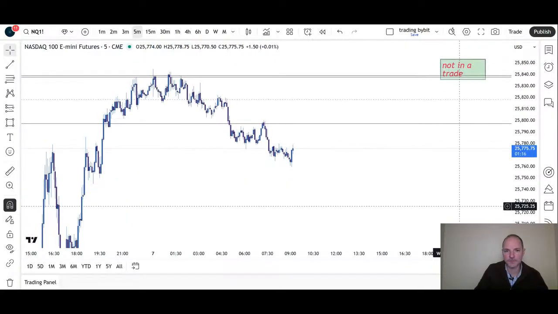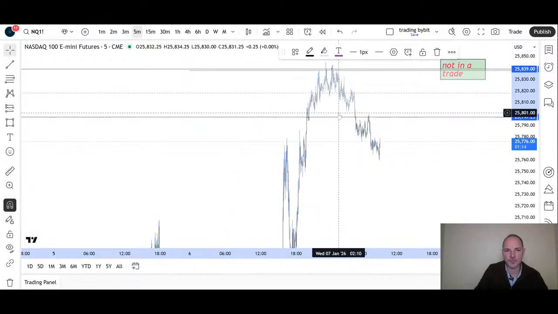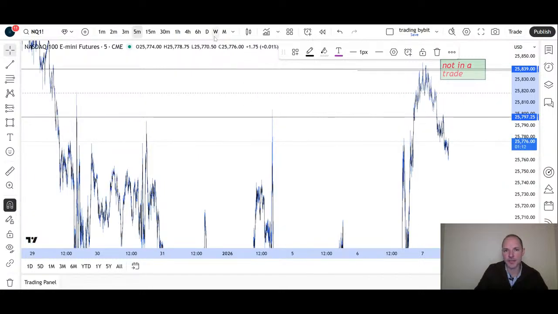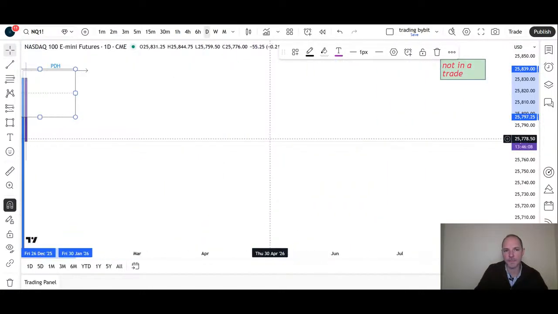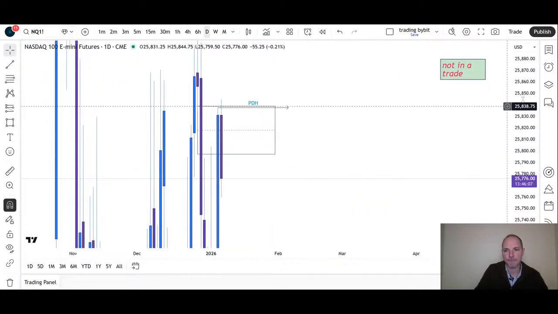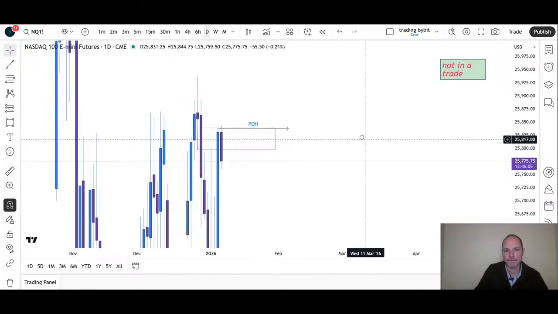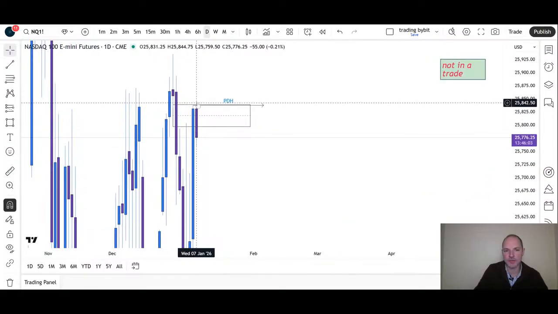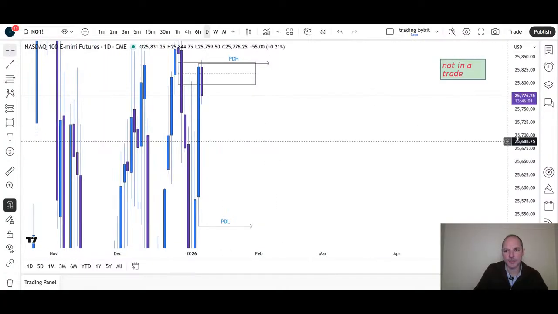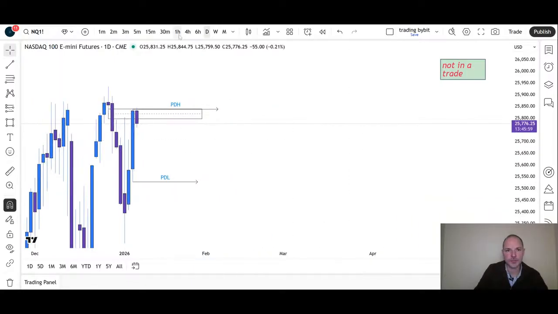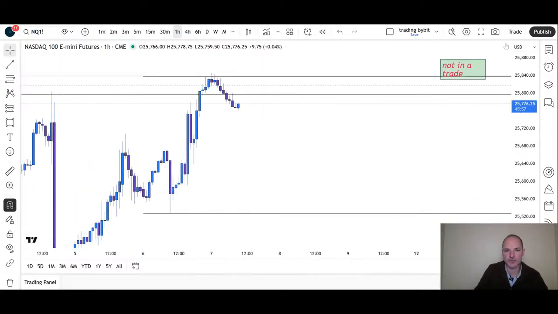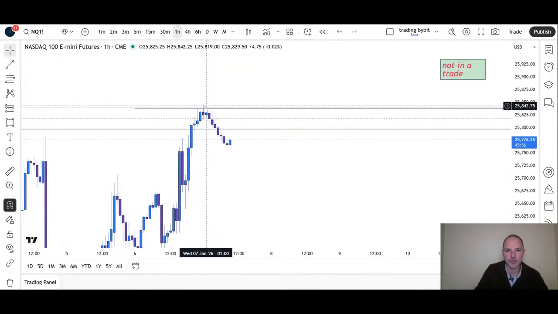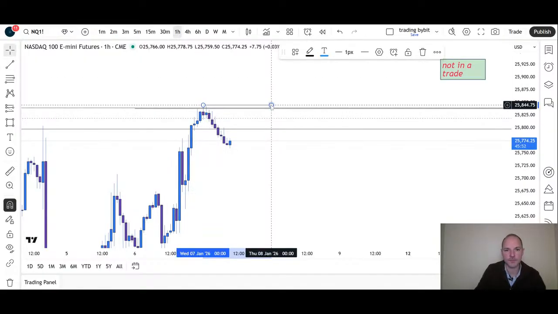Now for today, we finally made that break of structure. We are trading inside a daily fair value gap right here. Previous day high has already been taken. Now let's see what the market wants to do. I'll mark the session lows and highs too, so that we can find them. So this is the Asia high, session high.